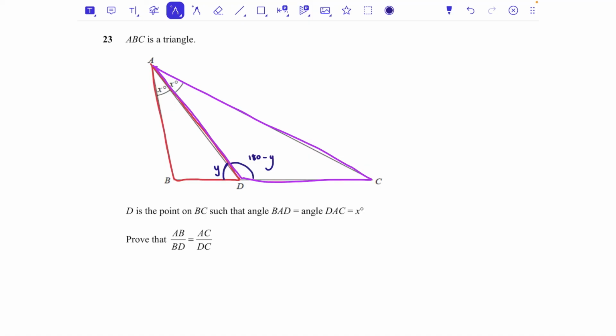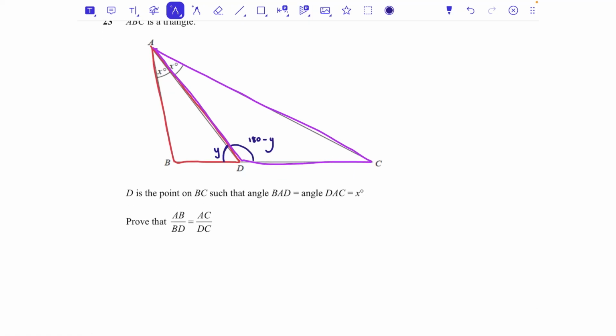And I'm going to use the sine rule here, okay? So looking at these angles and these sides, I'm going to say that BD over sine x equals AB over sine y.